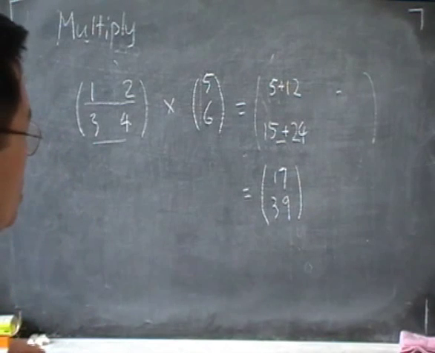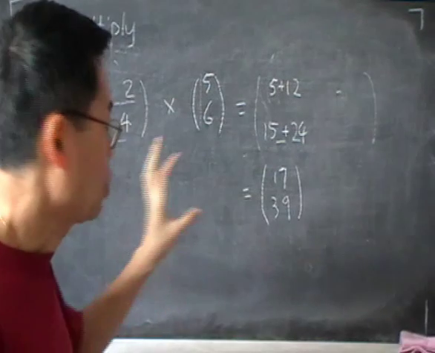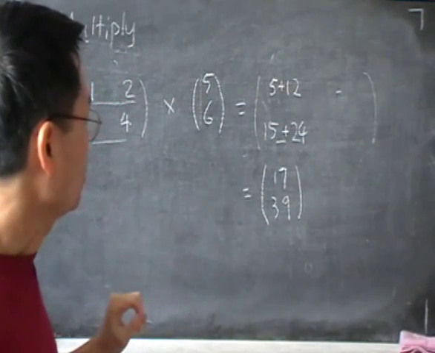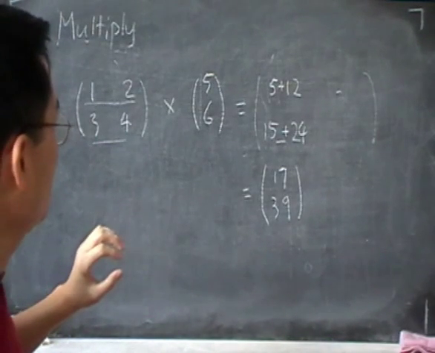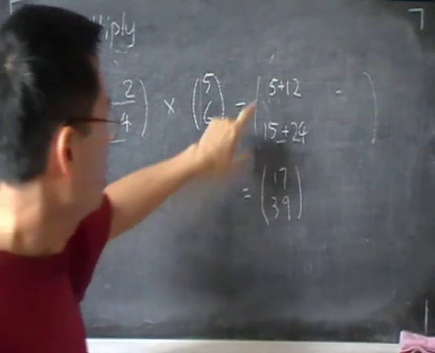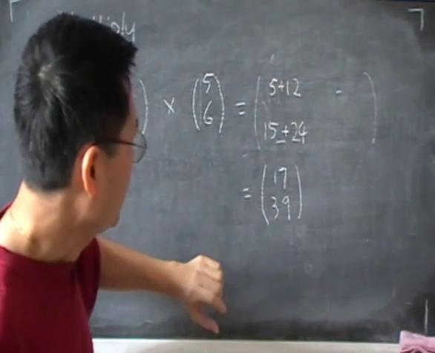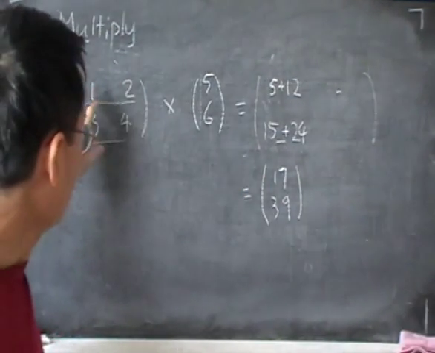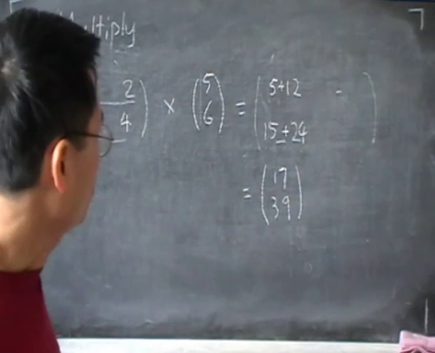Now, an important thing that we have noticed here, just let me emphasize that point, is that the size of the answer depends on the size of the matrices that you start off with.